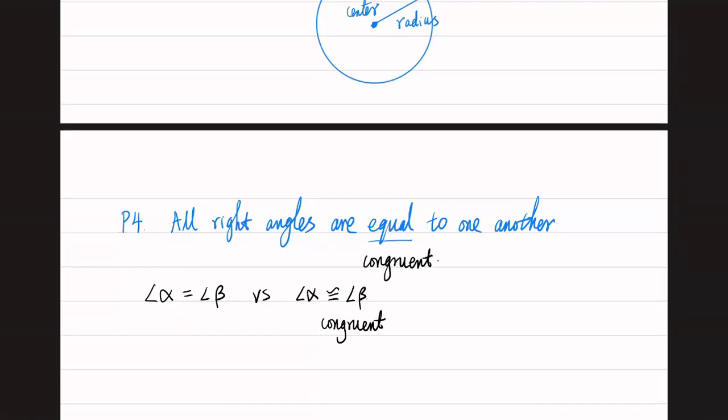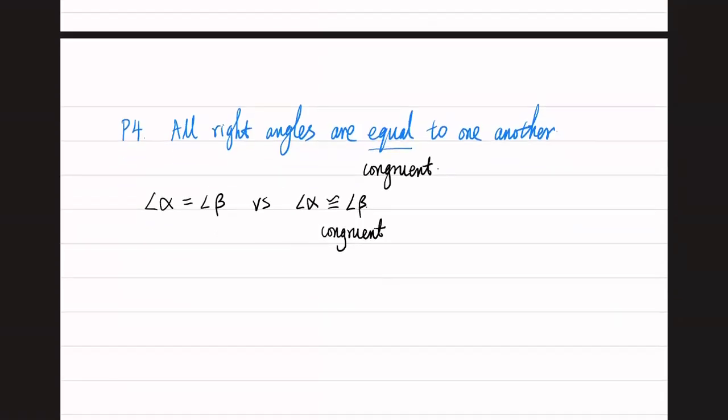But if you say the circle's radius is equal to that other circle's radius, that would be valid. So I feel like equal is for numbers, and congruent is just for geometrical objects. Okay, yes, very nice.